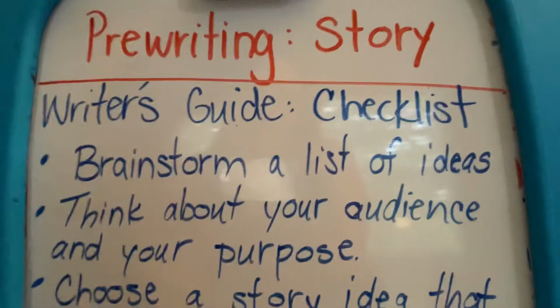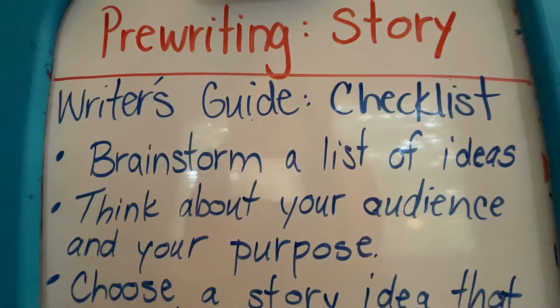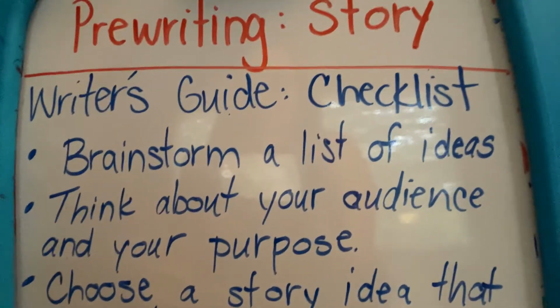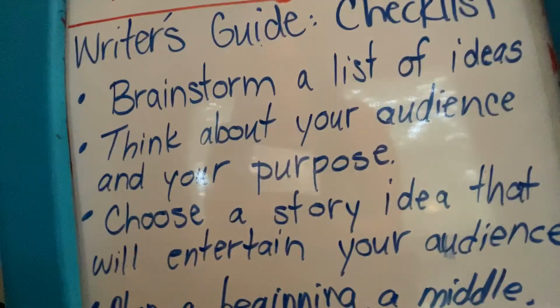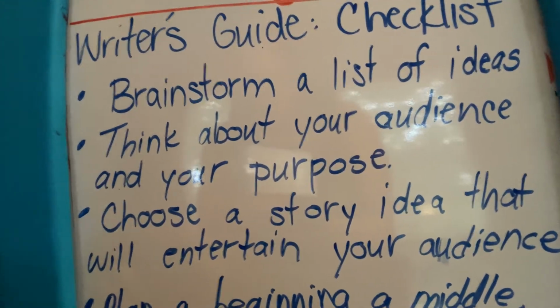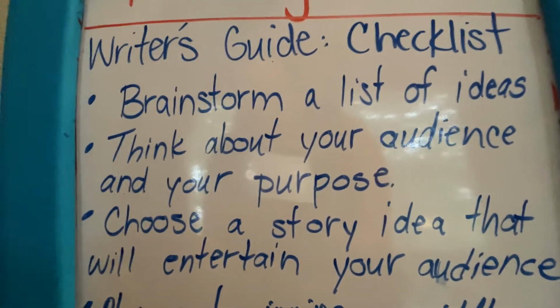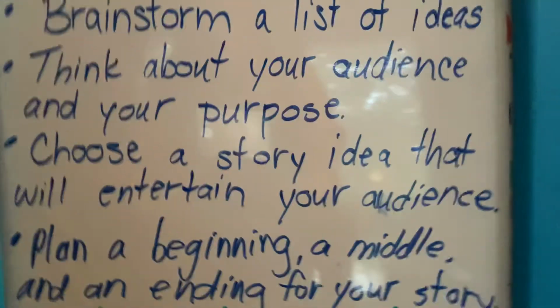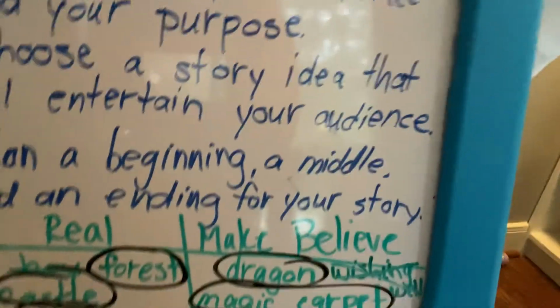Then he thought about his audience. He wanted to write to children, and his purpose was that he wanted to entertain them. So then he chose a story idea. He chose that he would write about a make-believe dragon who lived in a forest. And then the last part is plan a beginning, a middle, and an ending to your story.